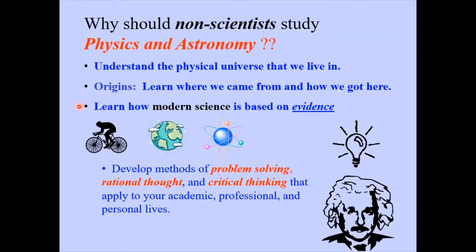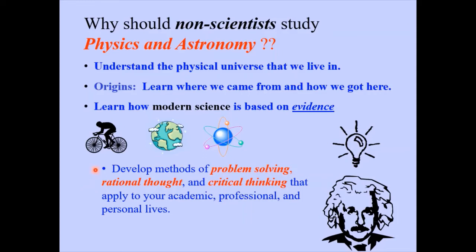And the other important thing here is to learn how modern science is based on evidence. This hopefully will become very apparent after taking this course, and you'll have a good appreciation for what science can do and how powerful it is, and how it's our best way of reaching and learning about the truth.